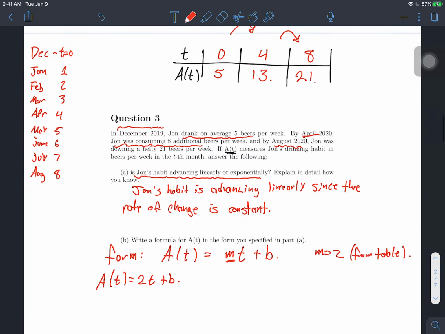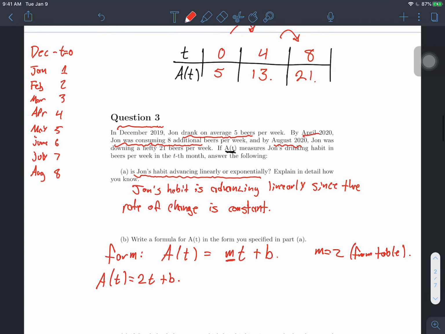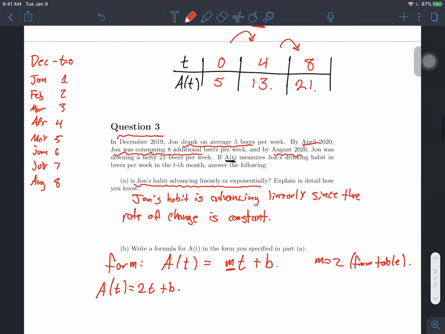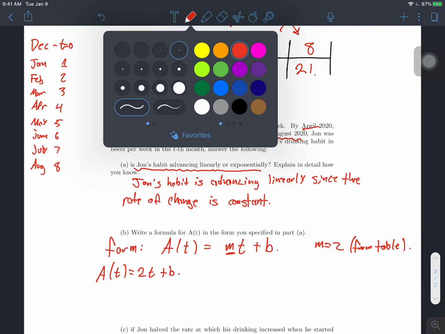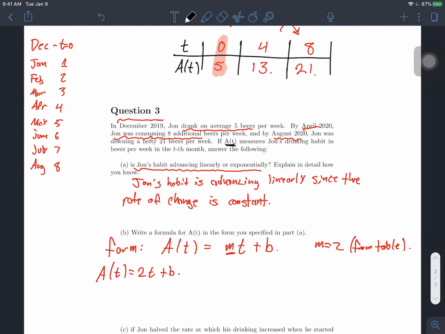And if you're quick, you could just use your intuition to recognize what b should be, but we can go the long route and take one of these points here, plug it in and see what we get. So I'm going to plug in 0 for t. So 2 times 0 plus b is going to be equal to a of t.